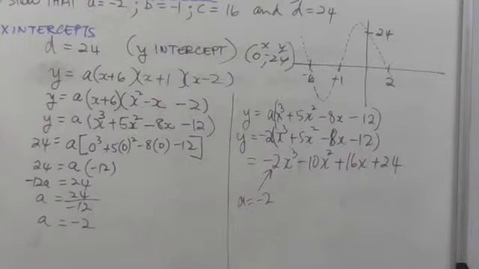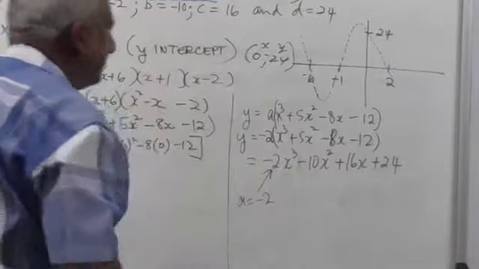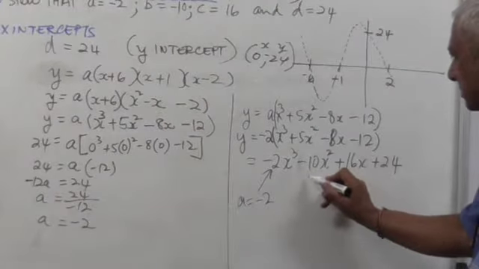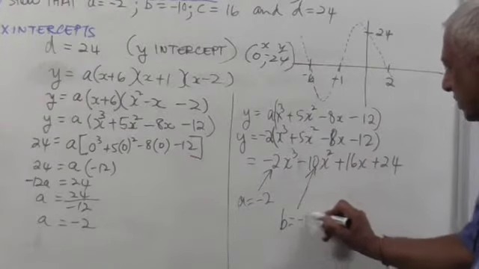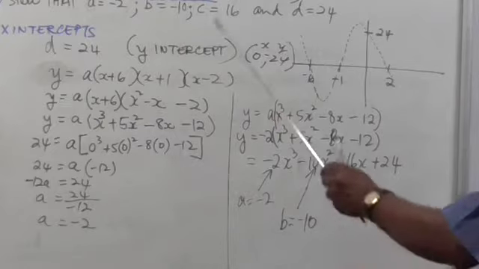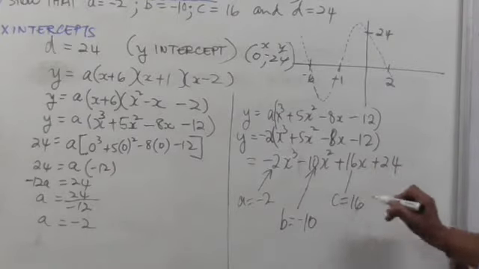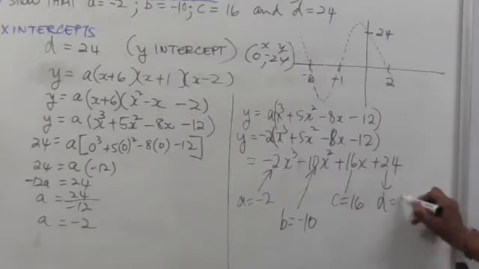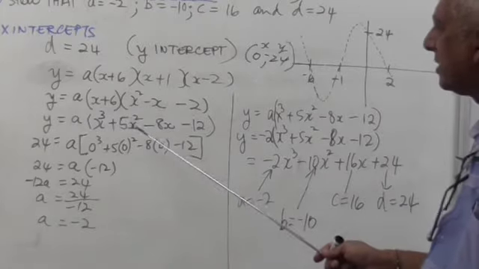B is minus 10. So the question should have said b is minus 10. So there's your b. B is equal to minus 10. Your c is here, 16, and your d is here, 24. Alright, so let's go back and quickly check this.